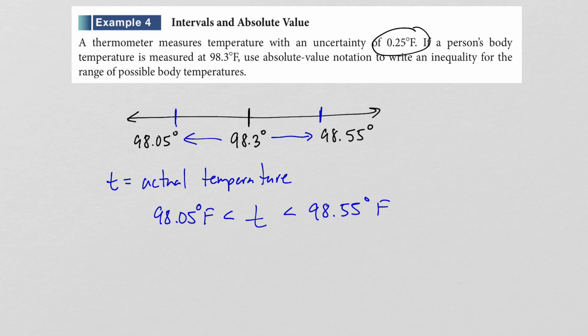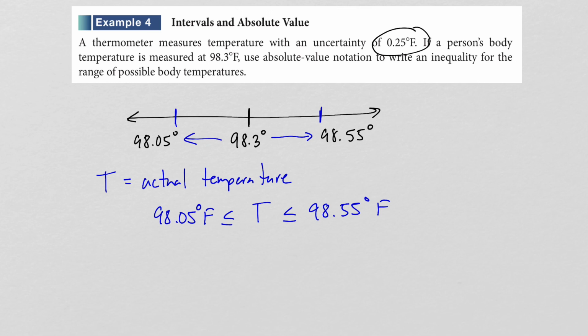There's a little detail here. When we talk about temperature, this is my fault. Temperature is usually represented with a capital T, not a small t. Small t is usually reserved for time. So this is what T could be. It could be any one of these values here, okay? And it could be including these values as well.